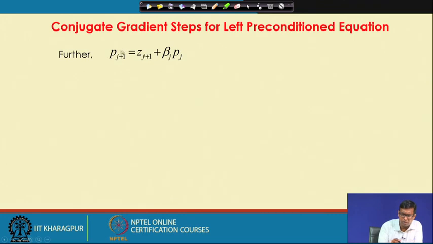Further, the auxiliary vector p can be updated. This auxiliary vector is now not the auxiliary vector of A x equal to b, but rather the auxiliary vector of M inverse A x equal to M inverse b. So, the update will have a relation with the new residual z.